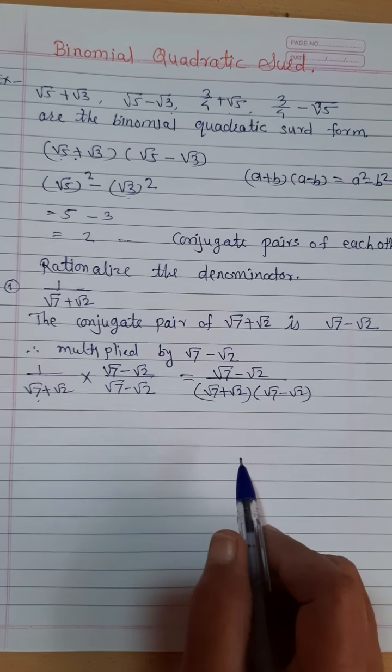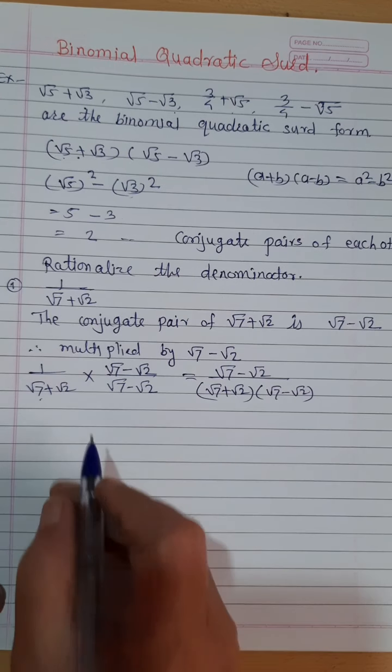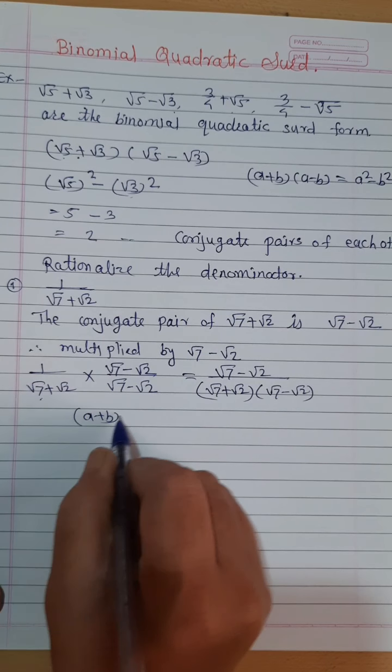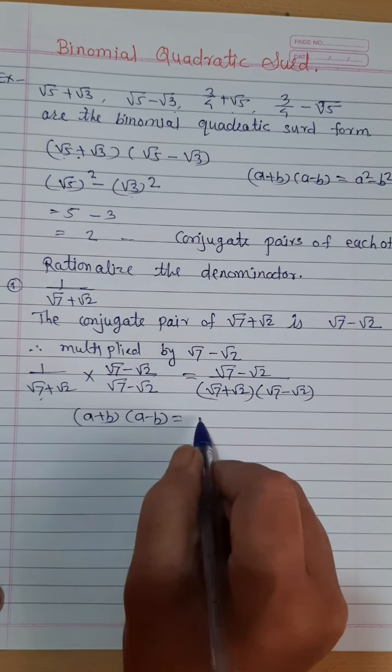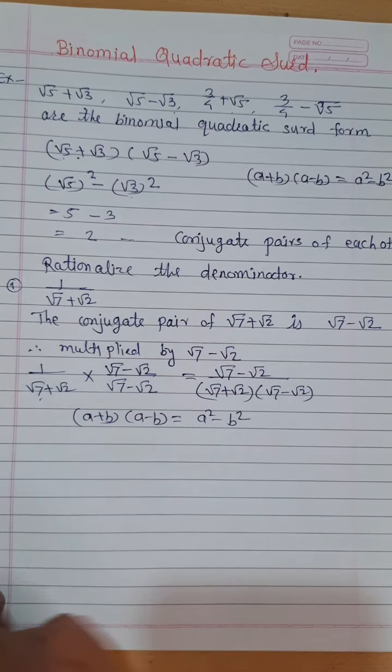Again here, using the formula a plus b, a minus b is equal to a square minus b square.